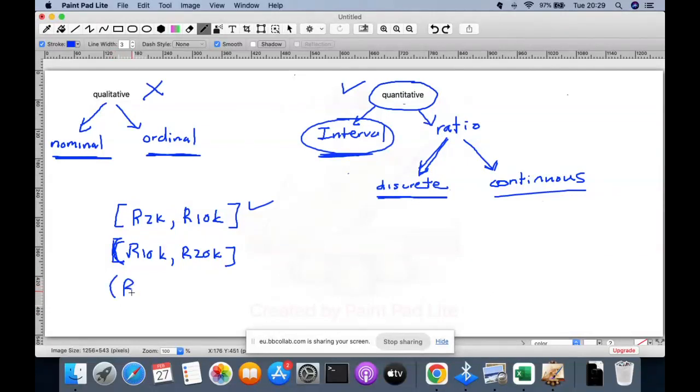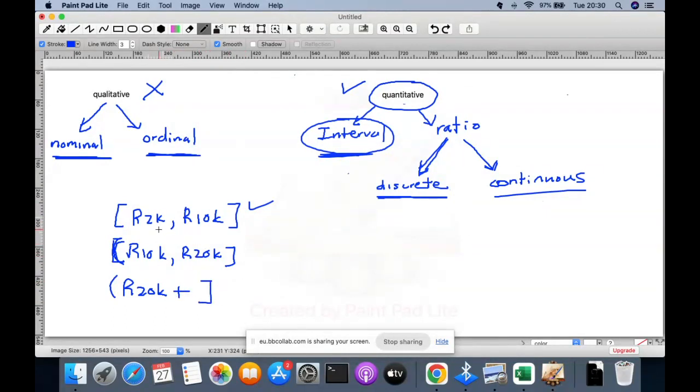And then you've got 20K and over, and I'm going to put infinity here. So you make anything more than 20K. Let me change it. I don't like the way I wrote infinity. I'm going to write 20K plus. So if you make anything more than 20K, then you're in this last bracket.